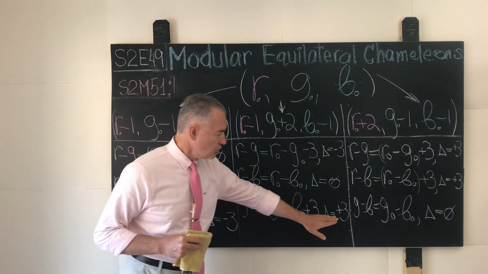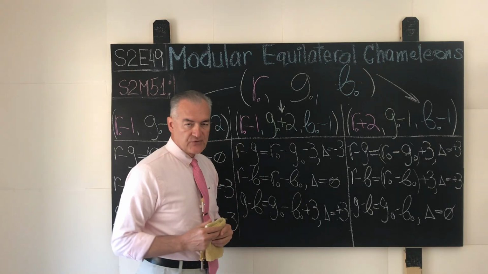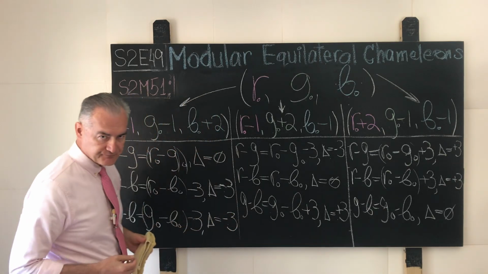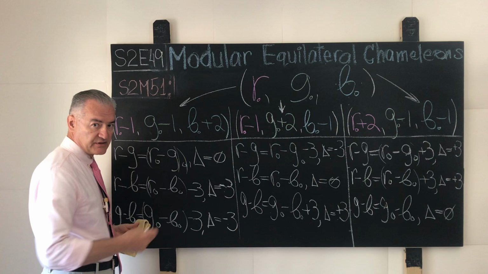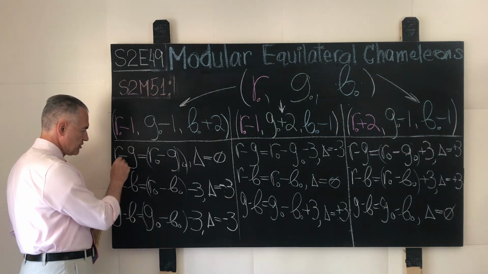Again, which difference you pick for walking the last mile and generating a solution doesn't really matter. Let's say I pick this one, r minus g.